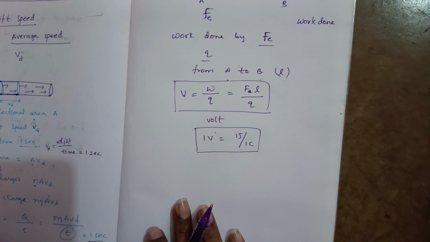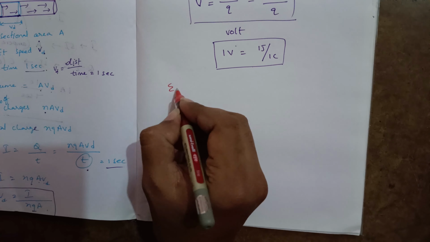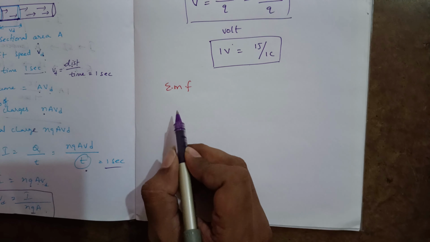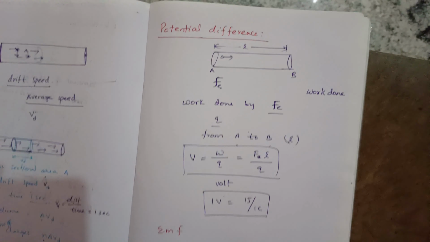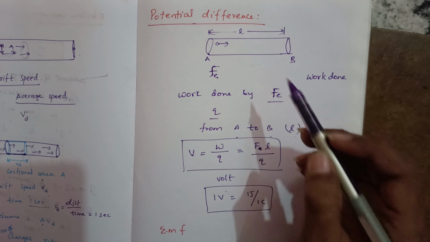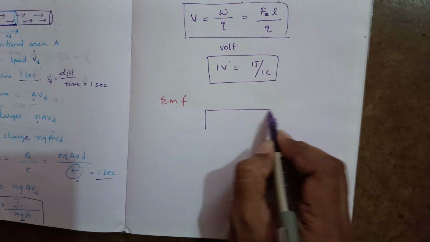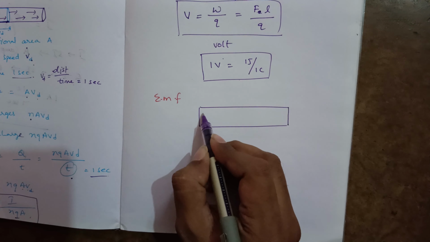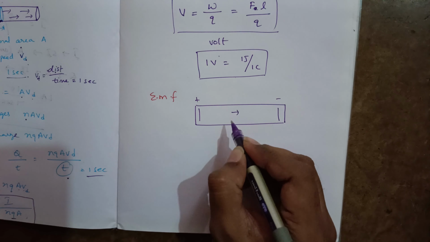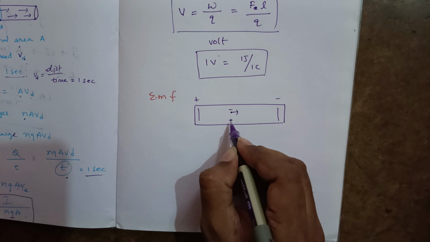Like this, we can define EMF also, electromotive force. As we discussed potential difference in the conductor, we can discuss EMF in the battery. In the battery there will be a positive terminal and a negative terminal, and negative ions and positive ions will both move.